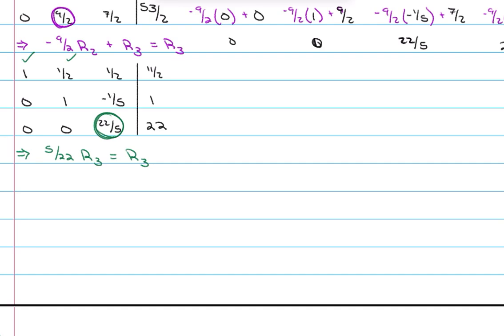So we're going to have 5 over 22 times 0, and then 5 over 22 times 0, and then 5 over 22 times 22 over 5. And last but not least, 5 over 22 times 22.